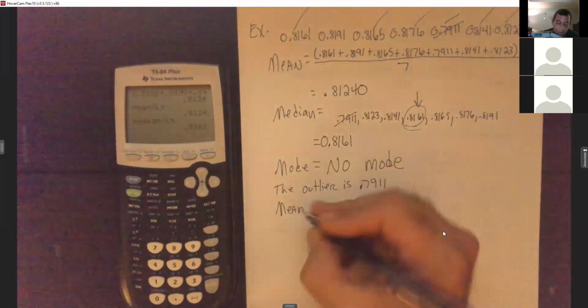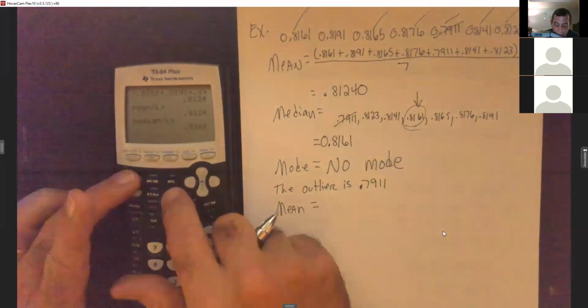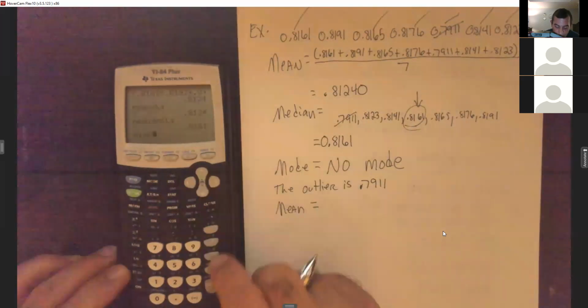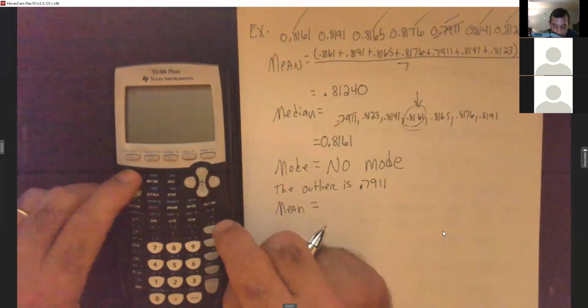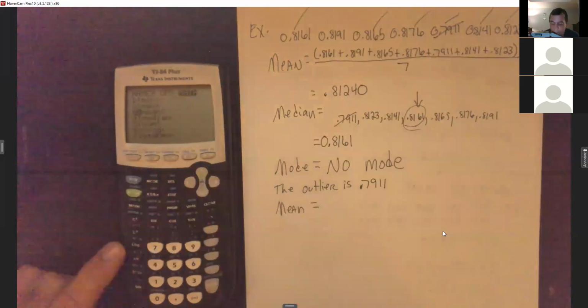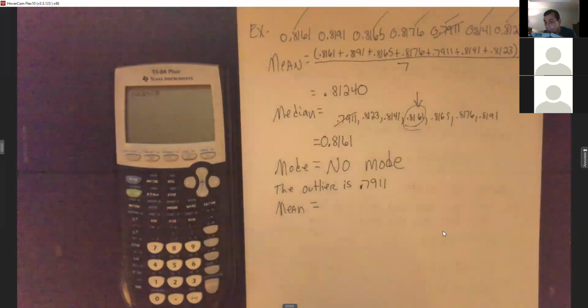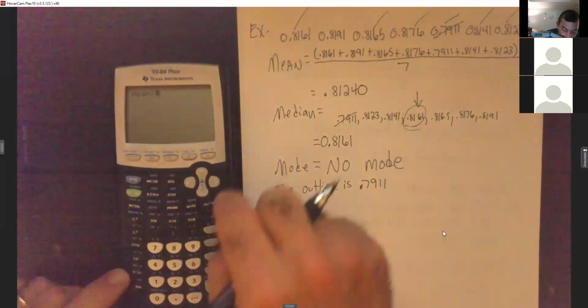So let's see if there was a difference. Remember, second stat, go to math, go to mean and enter. Now remember, my new L5, I took 0.7911 out of it. So let me grab that.